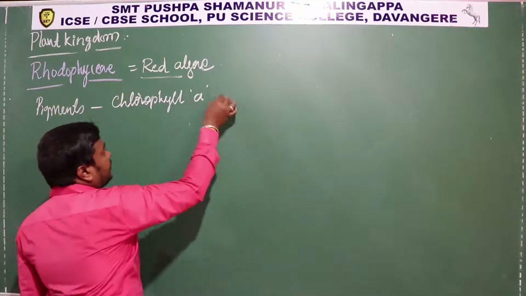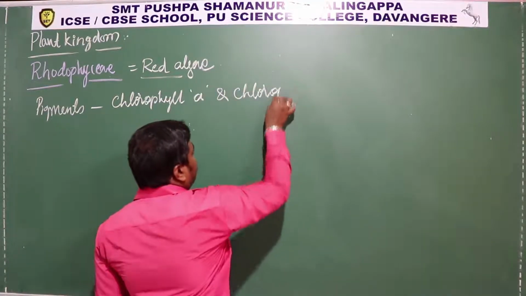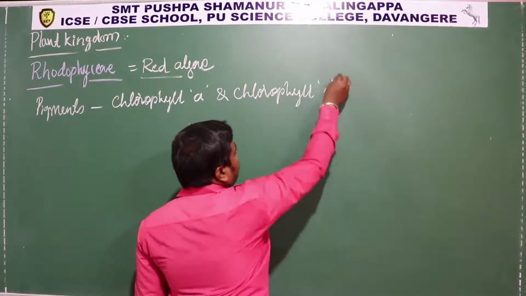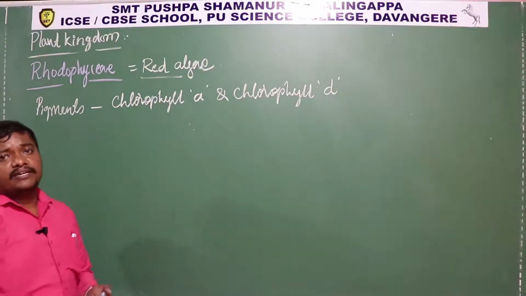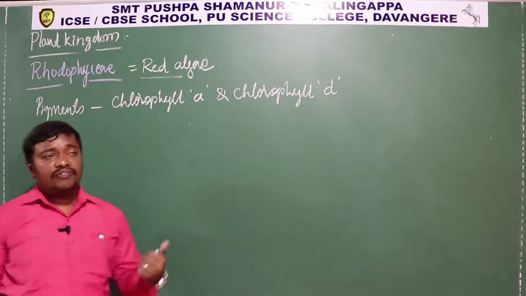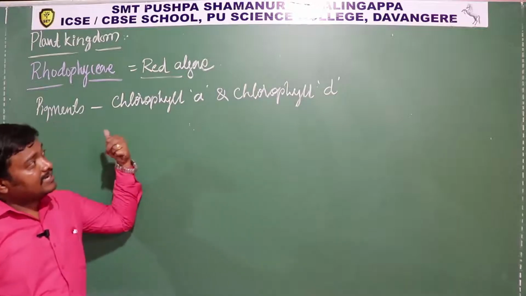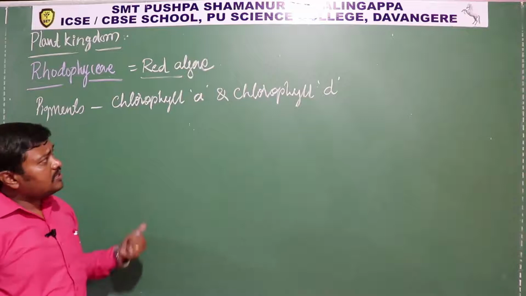Chlorophyll A and chlorophyll D. If you recall the pigments present in chlorophyce and phaeophyce: in chlorophyce it is chlorophyll A and chlorophyll B, in phaeophyce it is chlorophyll A and chlorophyll C, whereas here in red algae it is chlorophyll A and chlorophyll D.